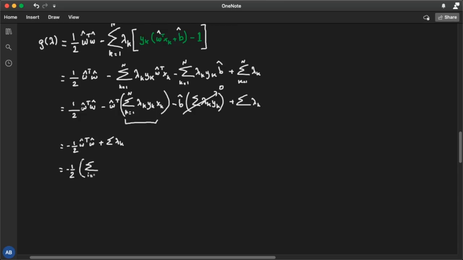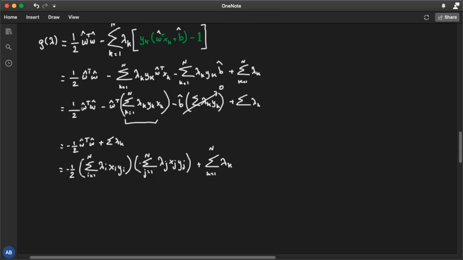So the first one runs on i: lambda i, xi, yi, and the second one, same thing, but it's running on j: lambda j, xj, yj. Then we've got a sum on lambda k.